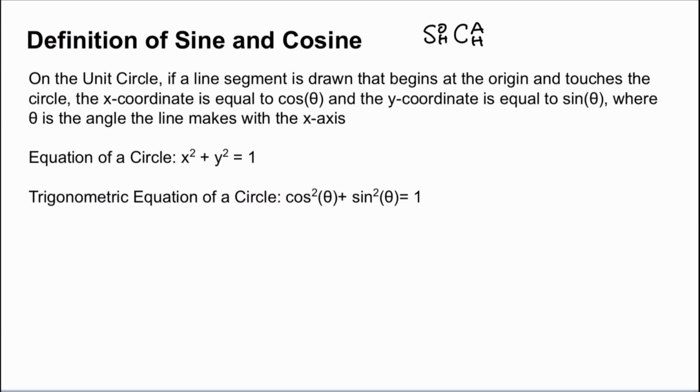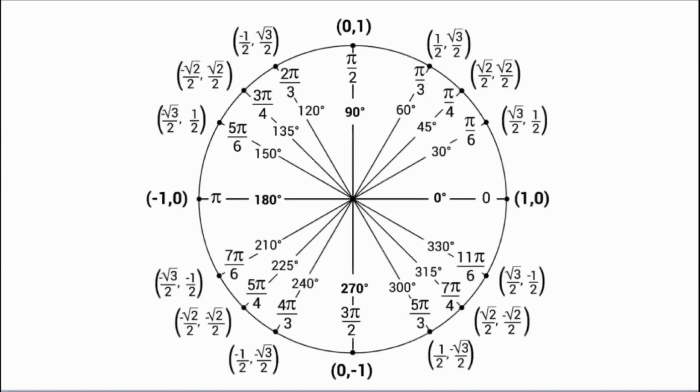So that's a pretty loaded definition. I want to focus on a couple aspects of it. On the unit circle, a line segment is drawn that begins at the origin and touches the circle. So I have a copy of the unit circle right here.